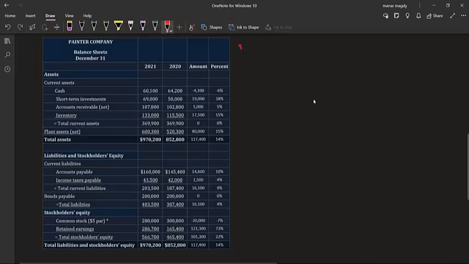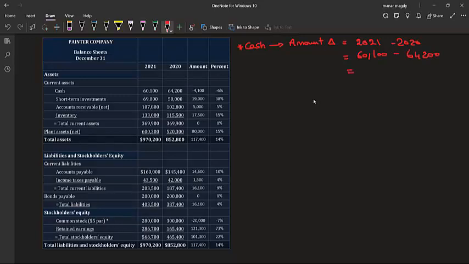For example, for cash, the amount of change equals the latest year, 2021, minus 2020. So 60,100 minus 64,200. The total amount equals negative 4,100.